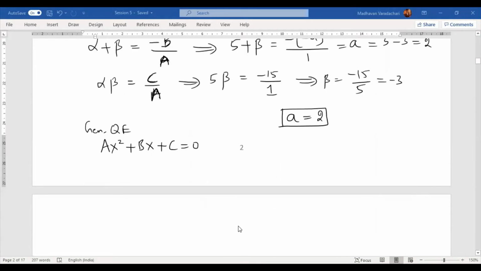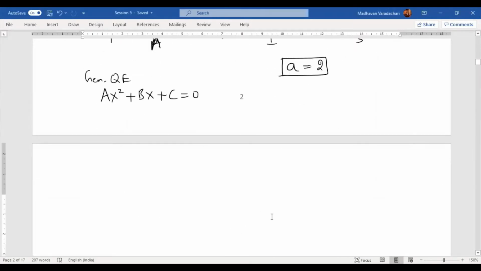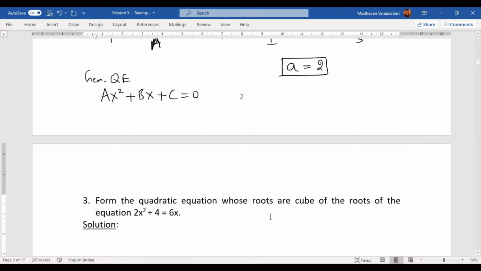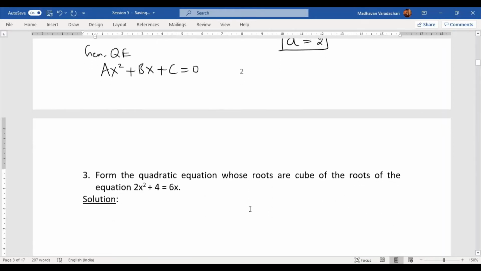Let's move on to the next question. Next is: form the quadratic equation whose roots are cube of the roots of the equation 2x square plus 4 equal to 6x.